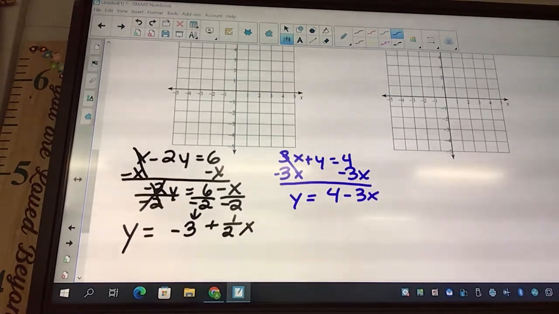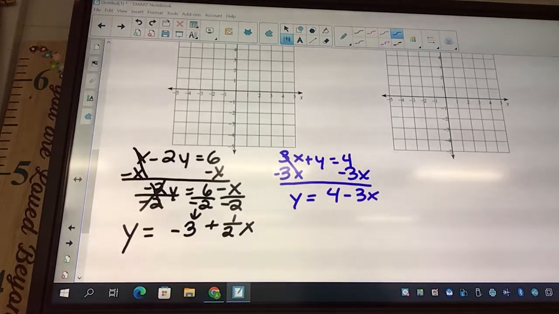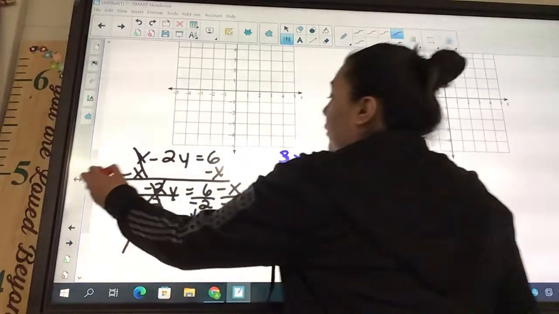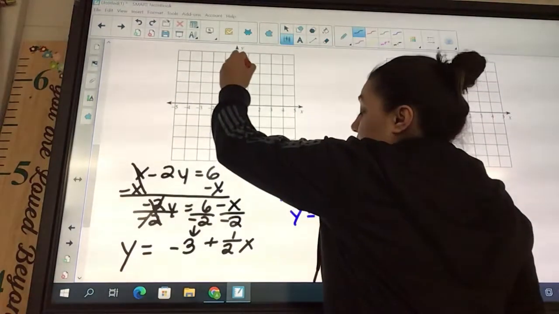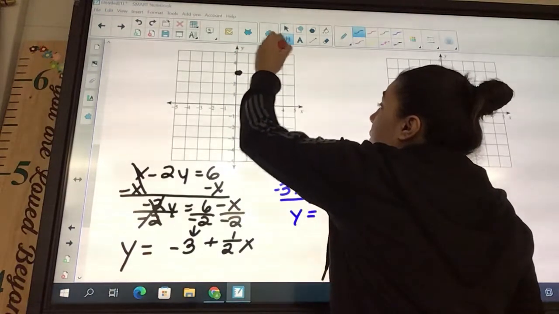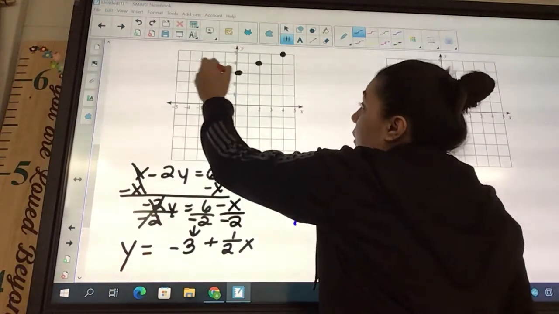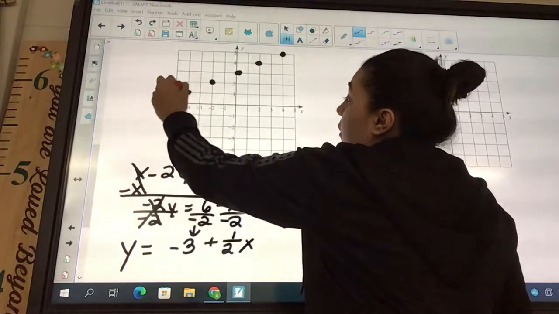No, so do we need to divide? And so that one's ready to be graphed. Okay, so the black one's gonna start at 3. And we're gonna go up 1/2. Up 1/2. Down 1/2. Down 1, I can't go over 2.